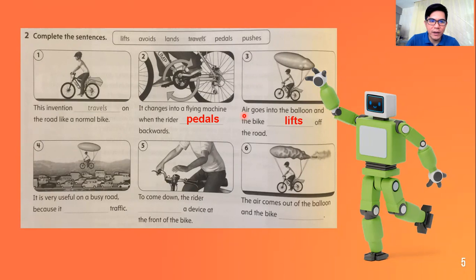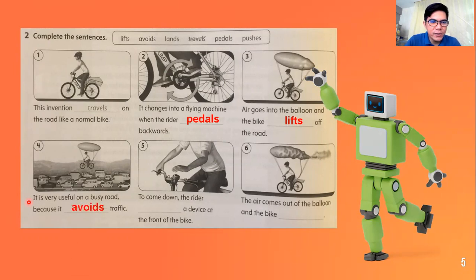That's for number 3. Let's move on to number 4. It is very useful on a busy road because it blank traffic. What's your answer? 3, 2, 1. The answer is avoids.